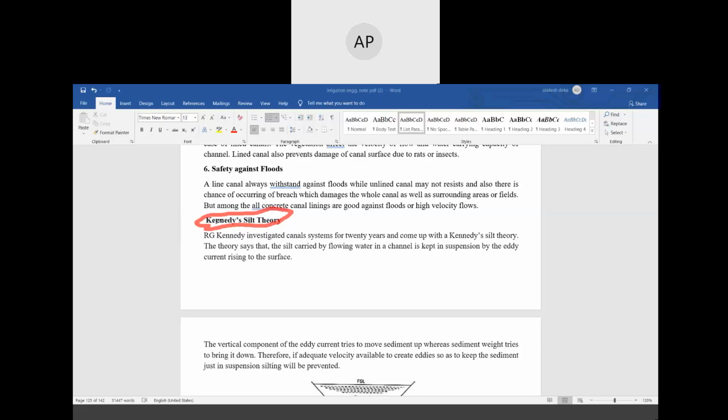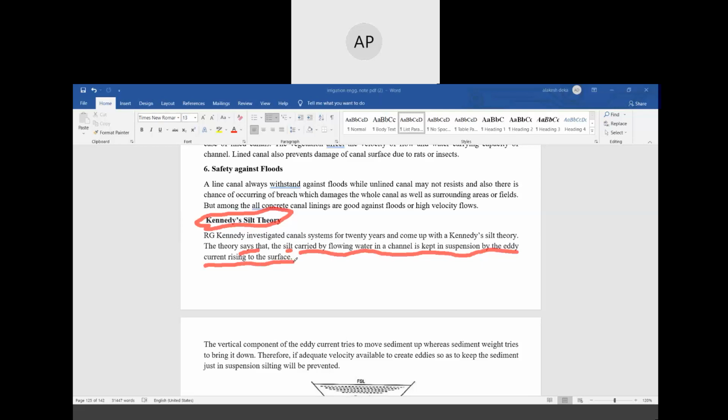So he studied for 20 years and ultimately gave a conclusion related to silting, that is called Kennedy's silt theory. The theory says that the silt carried by the flowing water in a channel is kept in suspension by the eddy current rising to the surface.